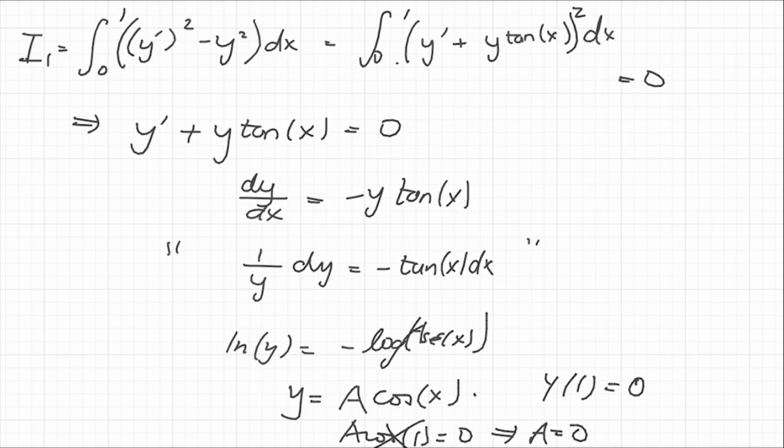And if a is 0, that means that y is identically 0. So the only way we can have equality, in other words, the only time the integral from 0 to 1 of y prime squared equals the integral from 0 to 1 of y squared, is when y is the constant function y equals 0. And that solves the bonus part of the problem as well.